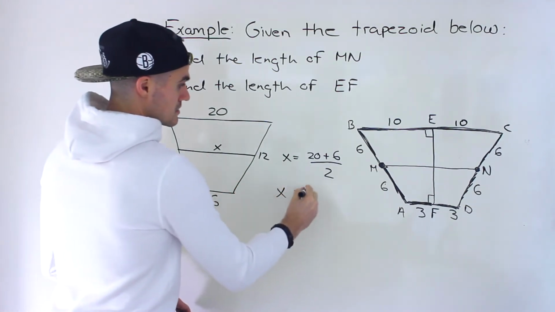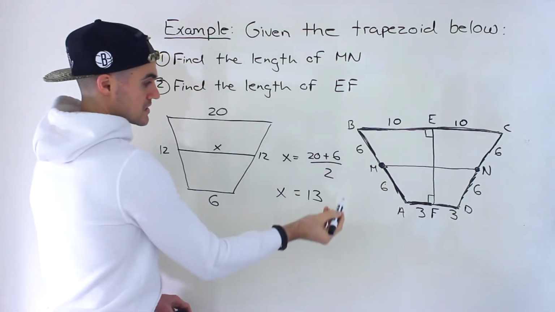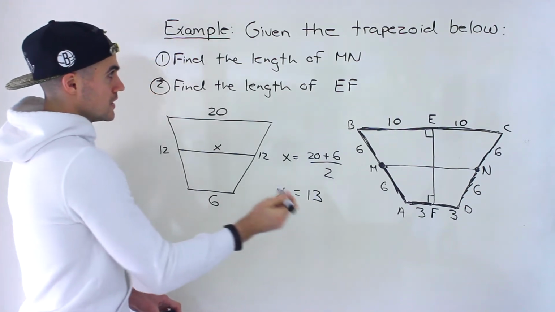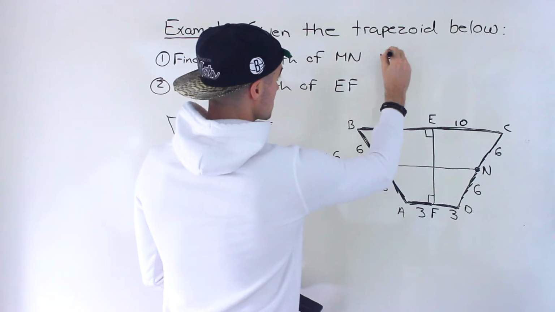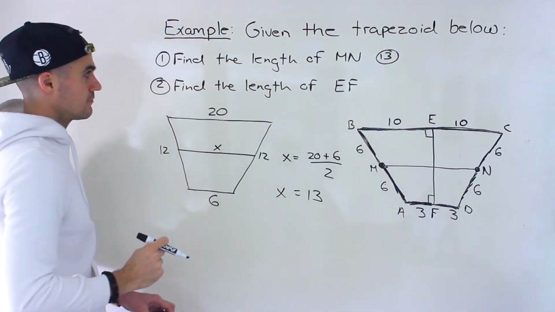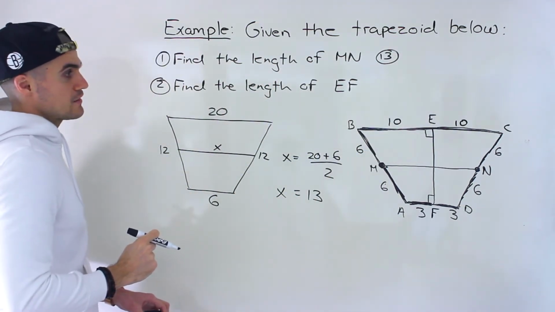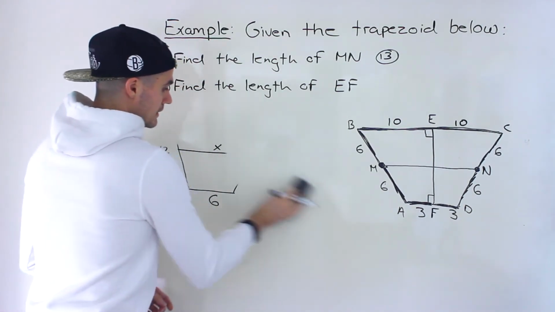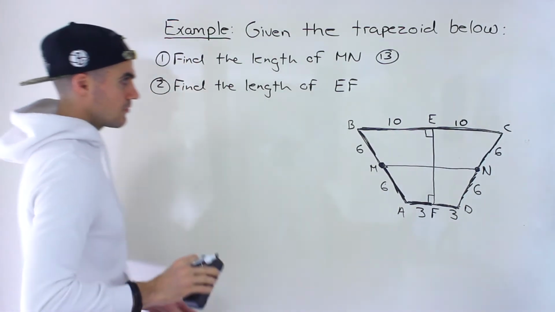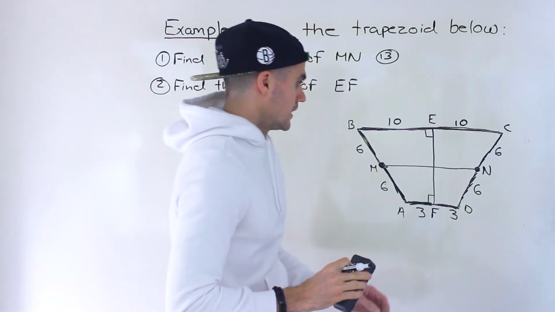Which in this case is going to be 26 divided by 2. So the answer to number 1, pretty simple. It is just 13. Now, what about the length of EF? So this one is going to be a little bit more tricky.